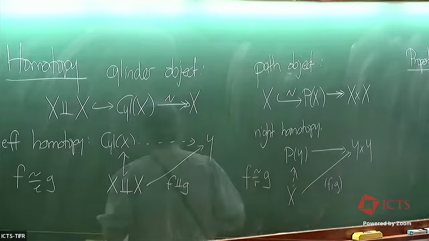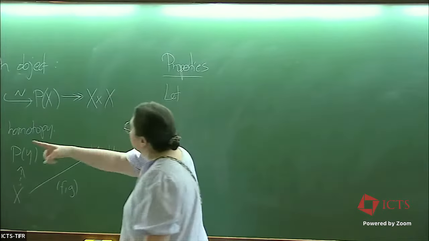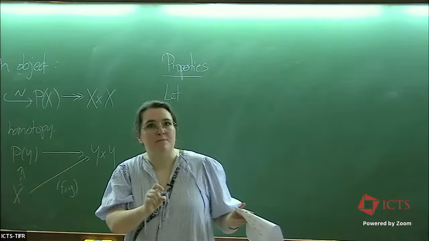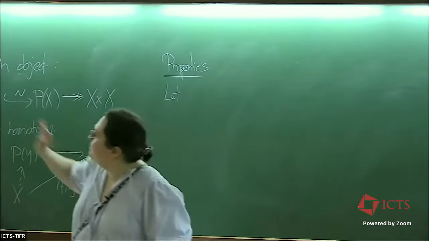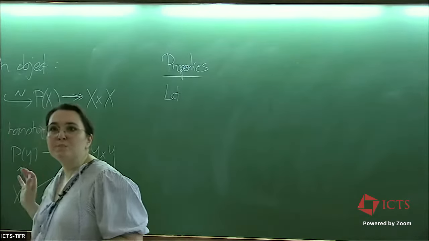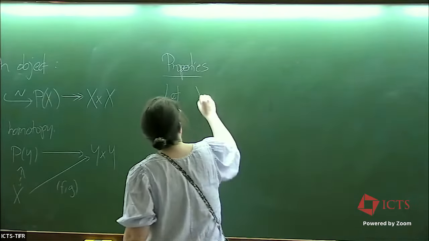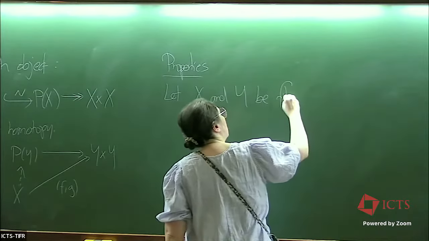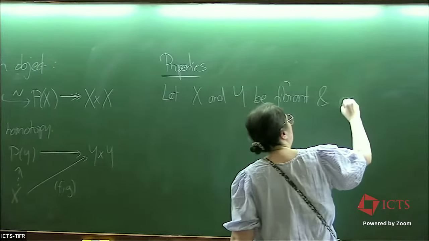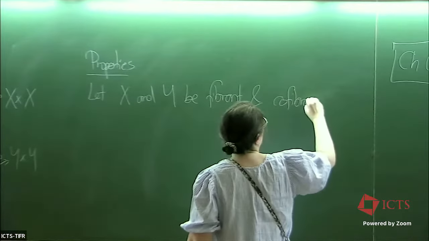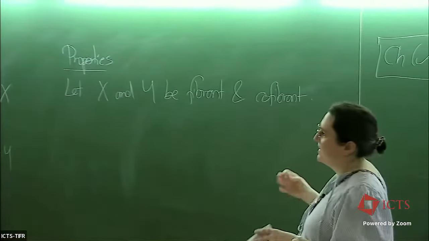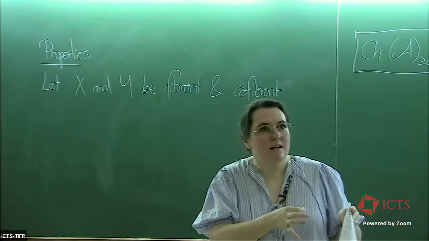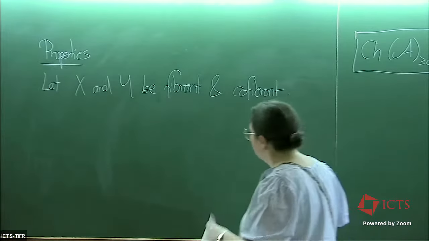Because if your X and your Y are both fibrant and cofibrant, so if they are nice in both ways, then these notions become equivalent. So often with model categories, you have to replace things with something nicer. I mean, that's okay, you're allowed to.